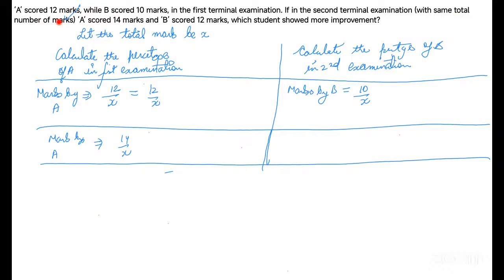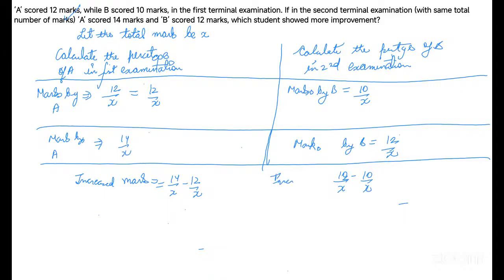And marks by B will become 12 by X. So the increase in marks is 14 by X minus 12 by X, and in this it is 12 by X minus 10 by X. So it will become 2 by X, and it will also become 2 by X.